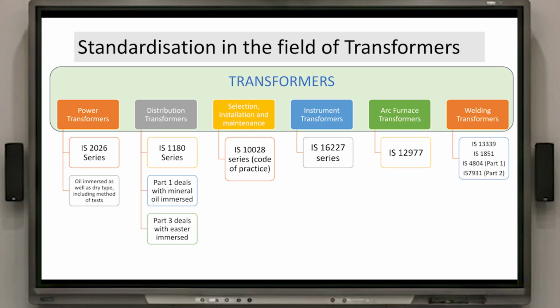While the Indian standard series 2026 essentially covers the power transformers, 1180 covers the distribution transformers and 16227 series covers the instrument transformers like voltage and current transformers. There are other Indian standards for welding transformers, arc furnace transformers, etc.